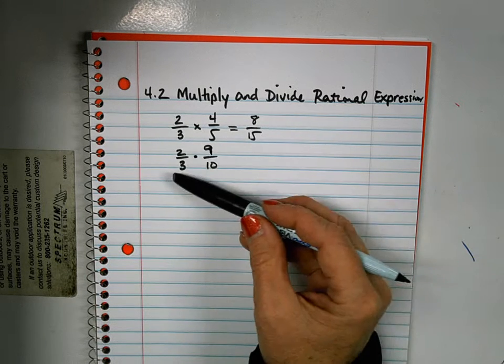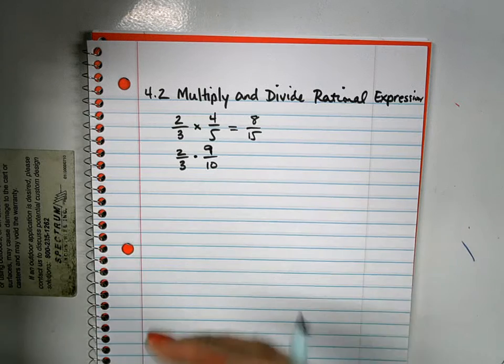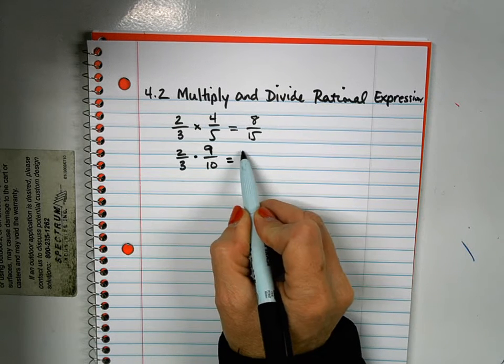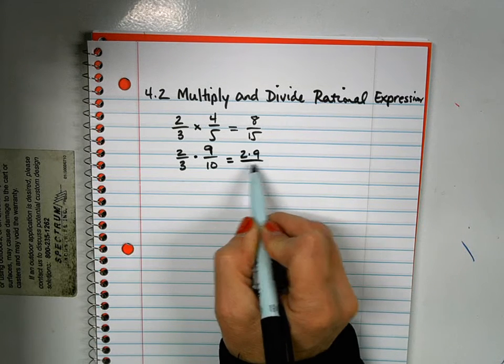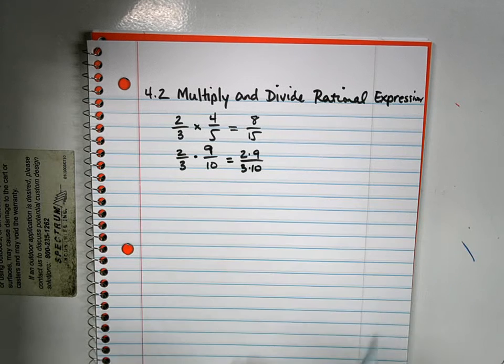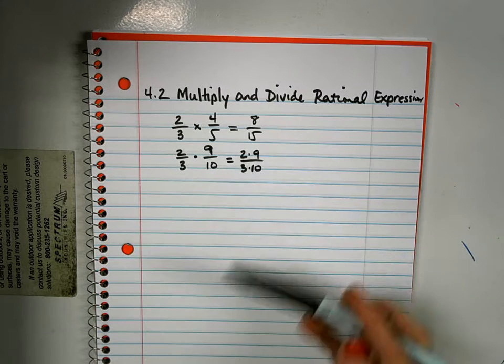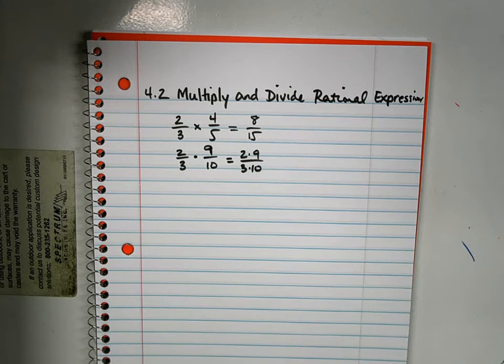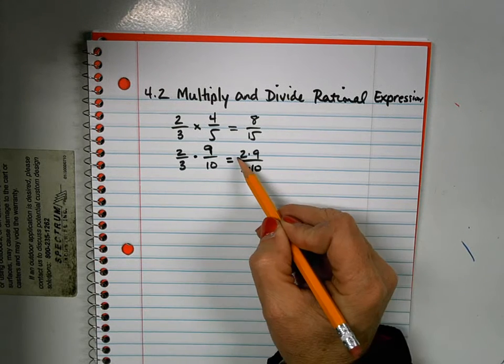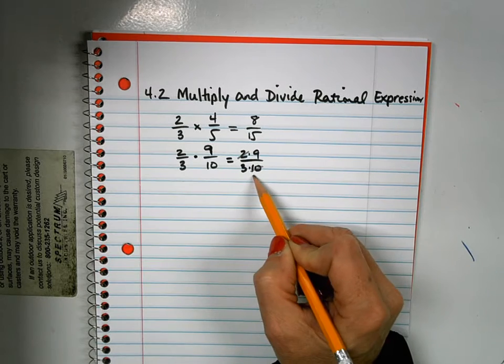As long as this is all multiplied, it's really like, and I wouldn't necessarily want you to write it this way, but this is what we just were doing. And then you would look for any common factors in the top and in the bottom, and attempt to reduce those. Because it's all multiplied, I can do that, right? So I could cancel this 2 with this 10, leaving a 5.